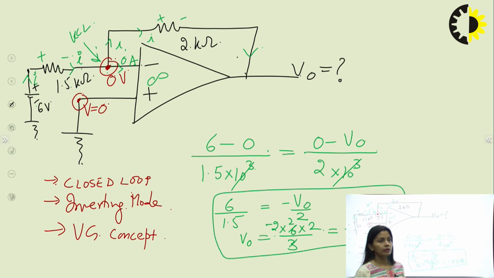So our problem has been solved, and VO is equal to minus 8 volt.